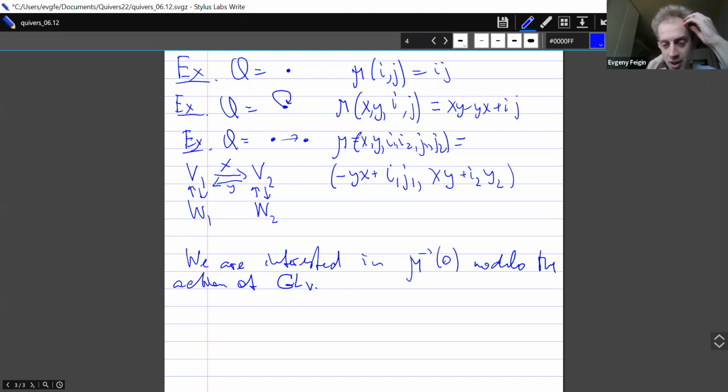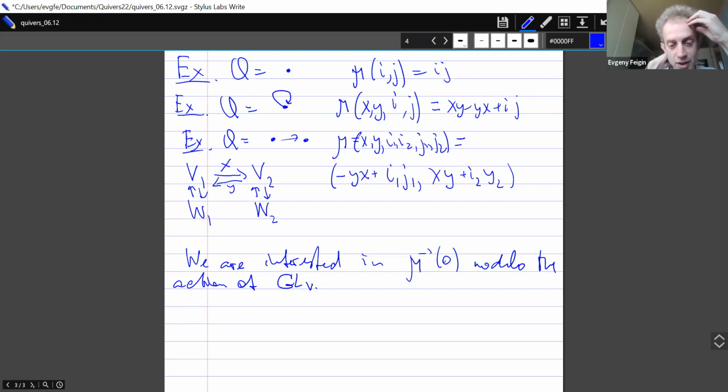But so far, this is a somewhat general construction for moment maps. And as for the action of the GLV, this means that we are interested not in the basis, but in the structure of the space itself.